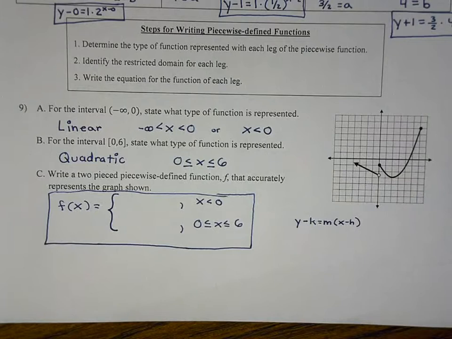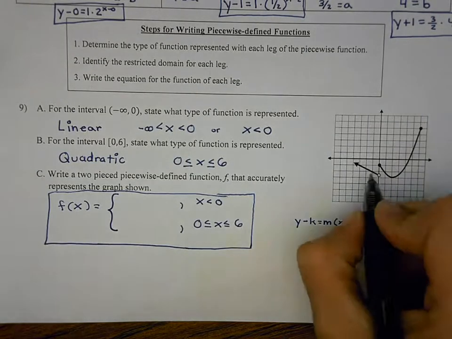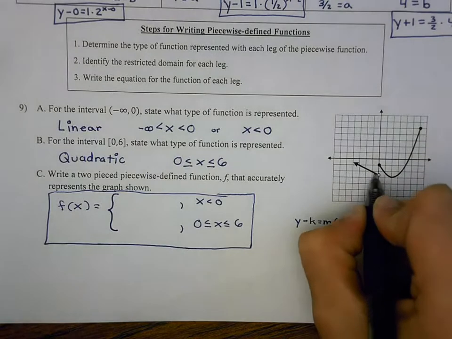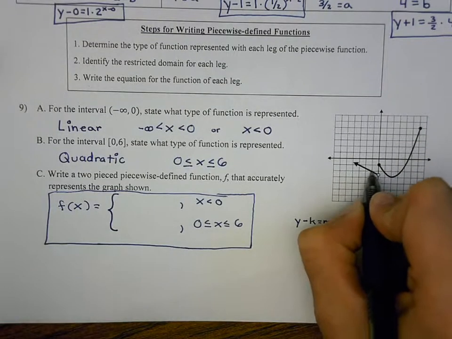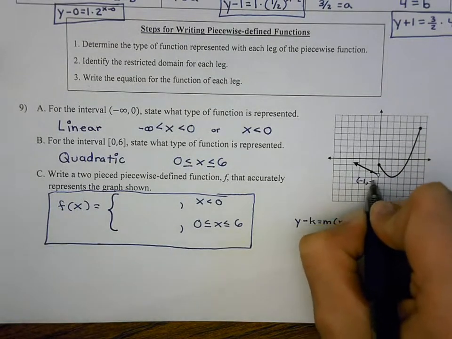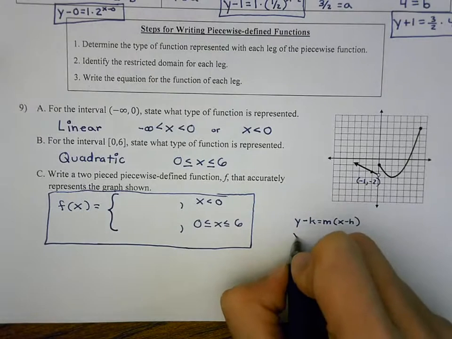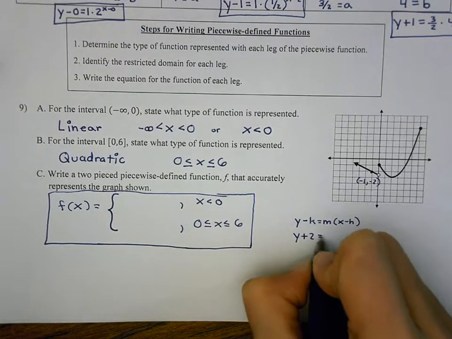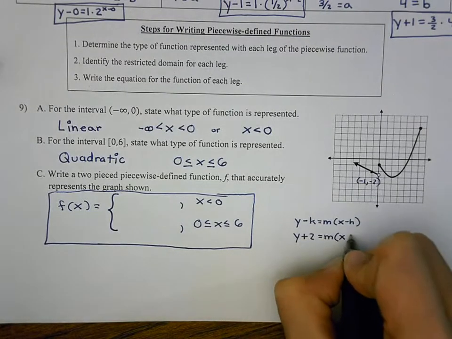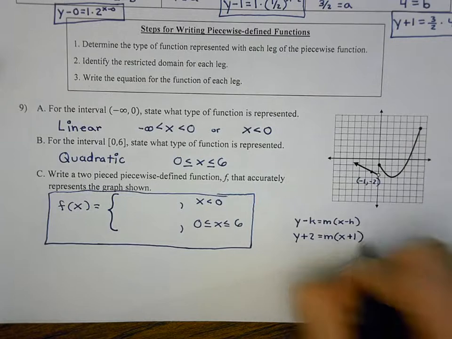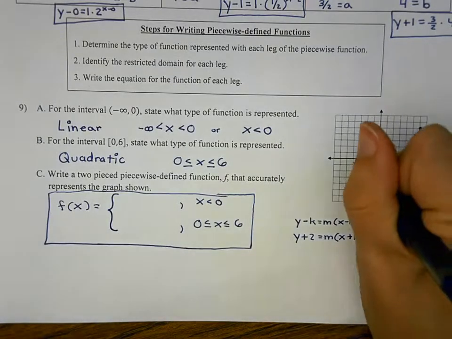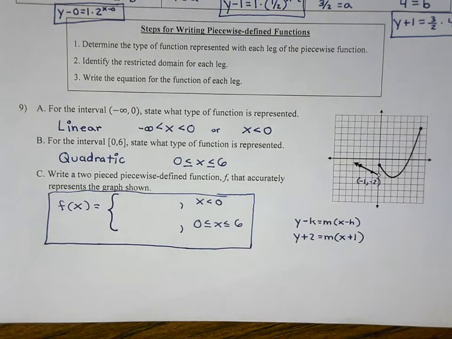Remember for a linear, any hk works, any point works. And so I'm going to go ahead and use this point here at -1, -2. You also could use this point here if you wanted to at -3, -1.